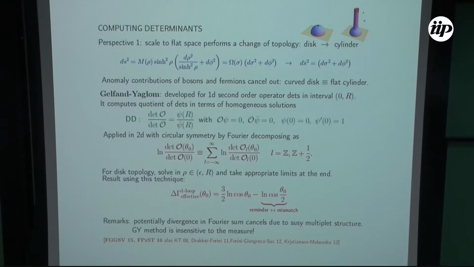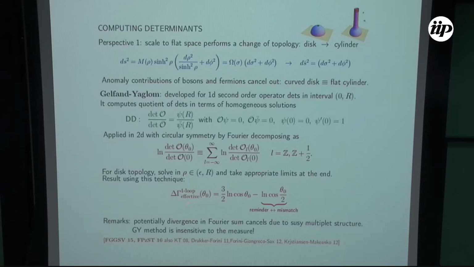and the dependence on epsilon, I would expect that if supersymmetry is preserved, the divergence due to the infinite volume of the space will cancel. This we showed in our paper with Diego in 2016, that potential divergences in the Fourier sum cancel.